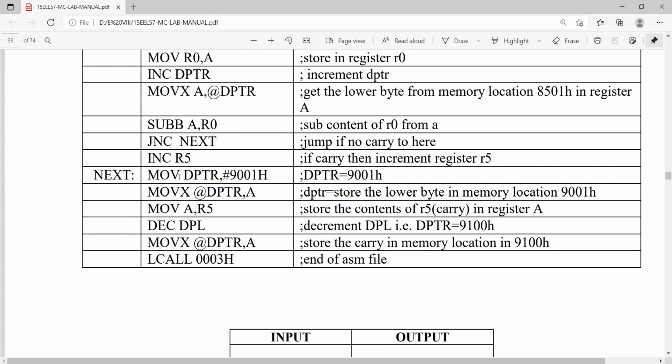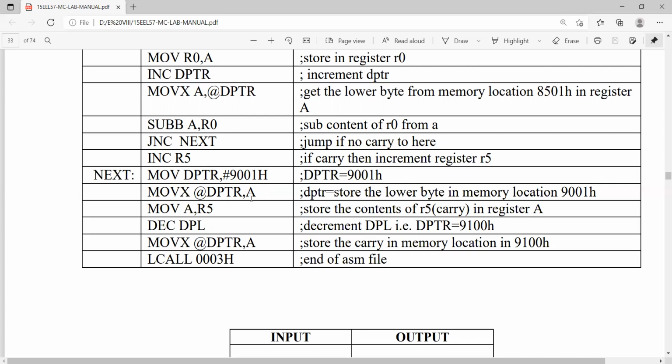Then move DPTR. So load some location of the data pointer to store this result. Where do we want to store our results? 9001 location. So the data pointer is loaded with 9001. This result, the A minus R0 value, will be there in the accumulator.